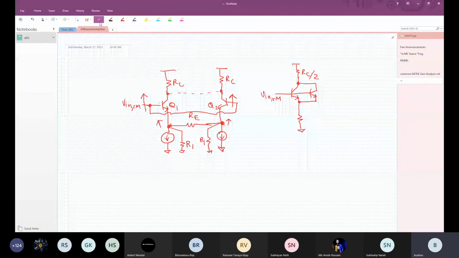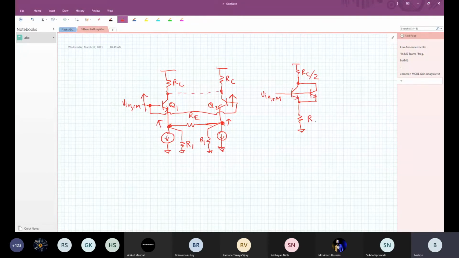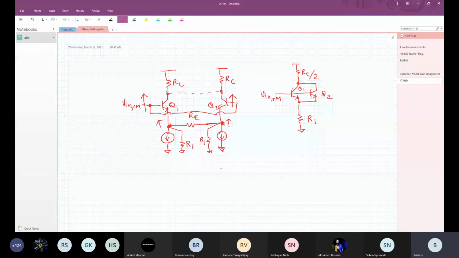So it will just be R1. That's why I had shorted it. By mistake, you should have taken the hint there. So it becomes R1. Am I clear? So these two nodes again become virtual shorts when things move up and down together. Any questions on this?